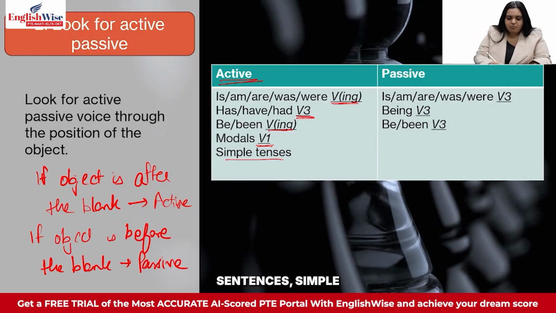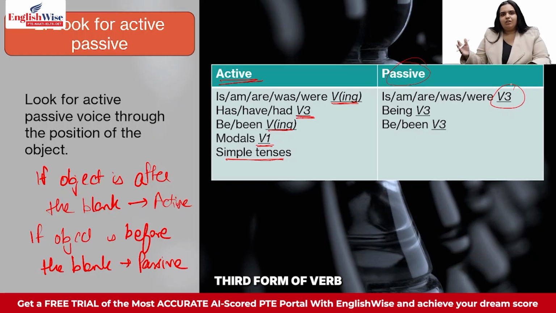And your simple tenses are also in active voice. Simple past, simple present, simple future are always in active voice. Moving towards passive voice: when you say is, am, are, was, were, and then you add V3, the third form or past participle of the verb, it becomes passive voice.